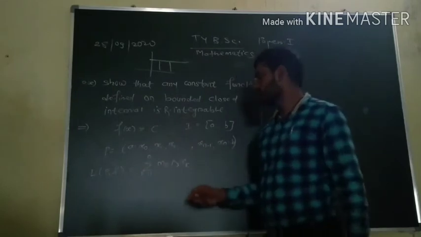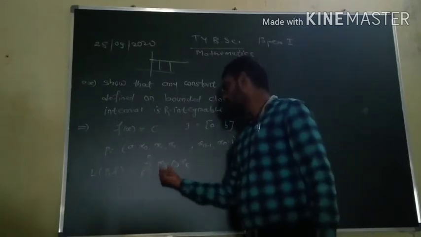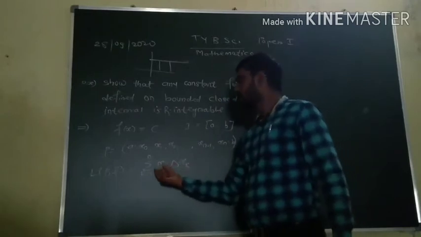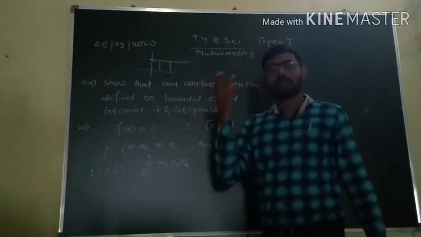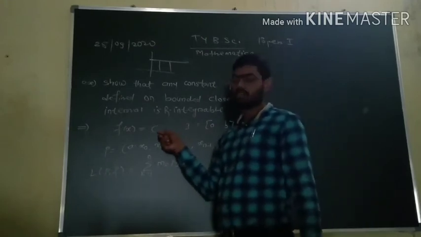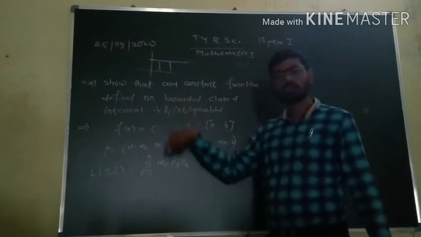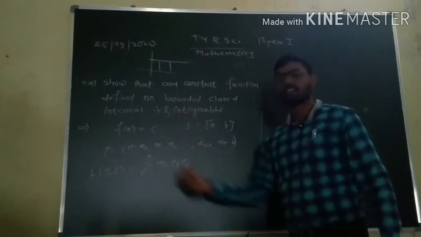So here lower sum is equal to summation k equal to 1 to n of small mk delta xk. But here, since the function has a fixed value c, the maximum value and minimum value are the same, and the value is c. So over any subinterval, the maximum value is c and the minimum value is also c. So since it is constant, we can take it outside.